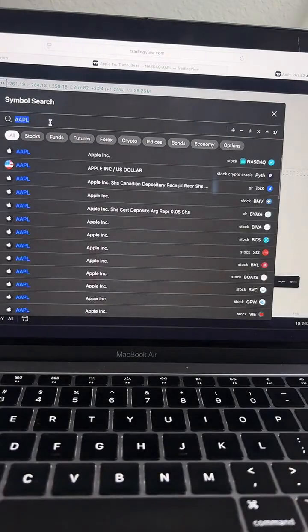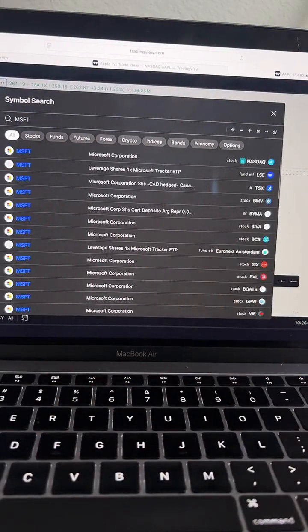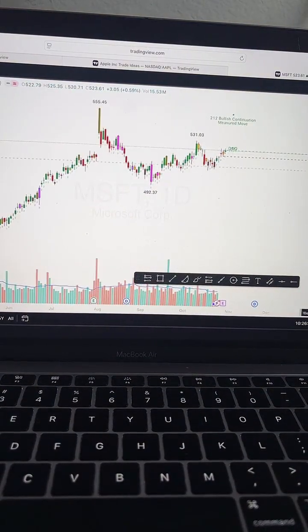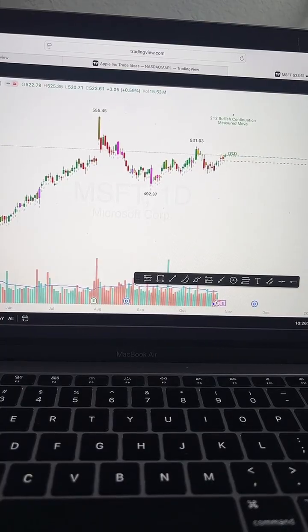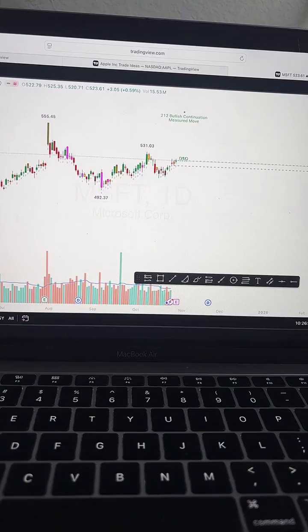What else was in tech? Microsoft. I'm just trying to show y'all examples of how to find the structure. Let's see. Microsoft.